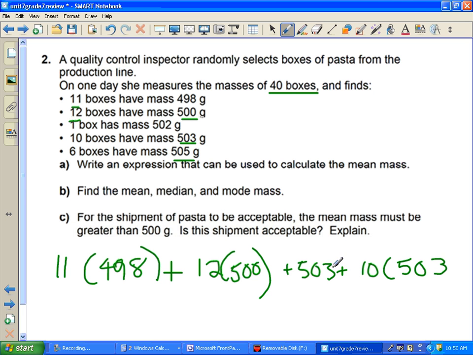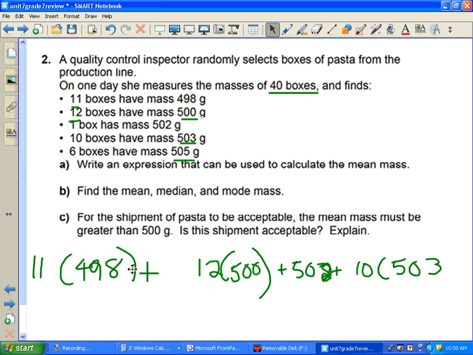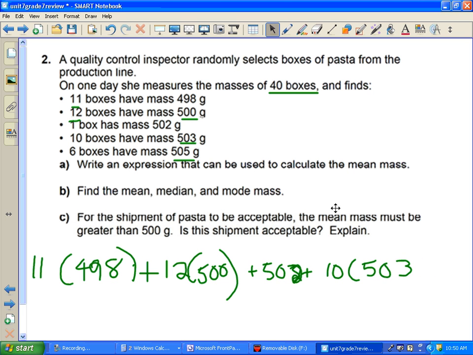Now I should change that to 502 for this one. There we go. And then 6 boxes of 505. So I'm going to take that, shift them over a little bit, give me a little bit more room. And the final thing is 6 boxes of 505.